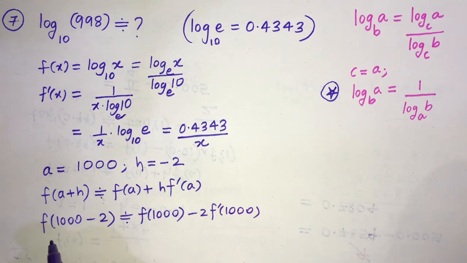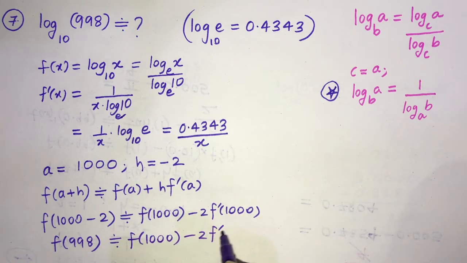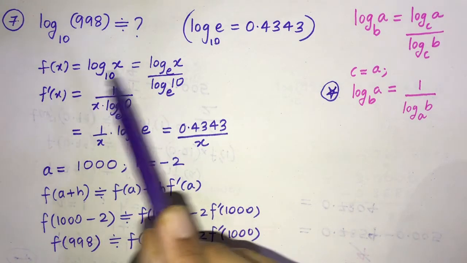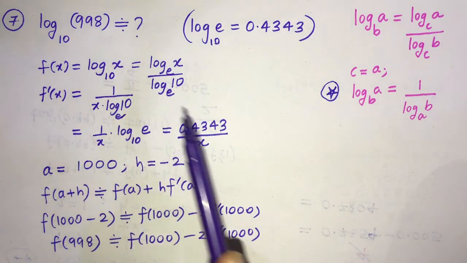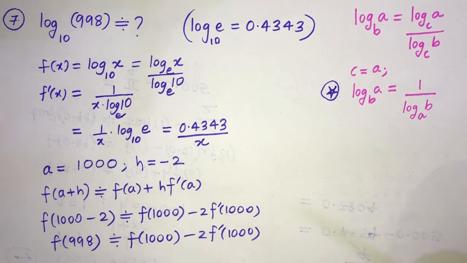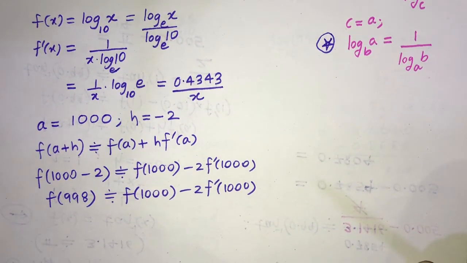Okay, now f of 998, 1000 minus 2 obviously means 998, is approximately equal to f of 1000 minus 2 times f dash 1000. And we know that f of x is log x to the base 10 and f dash x is 0.4343 upon x.